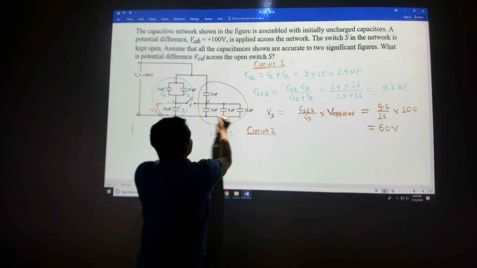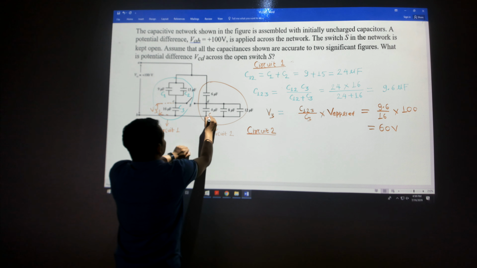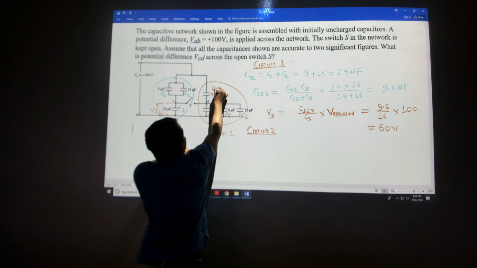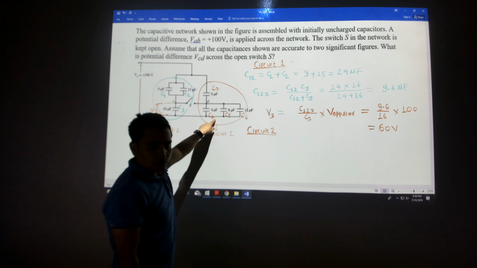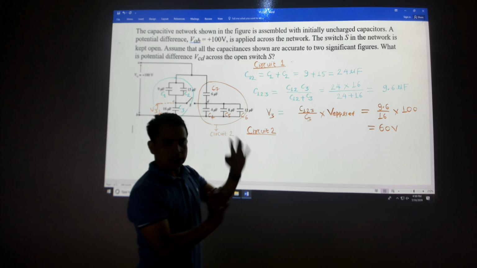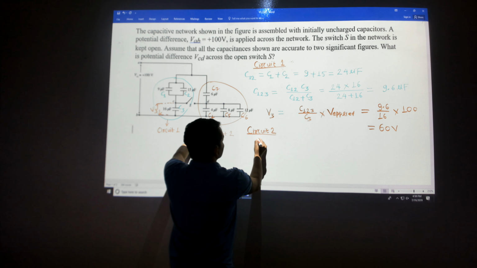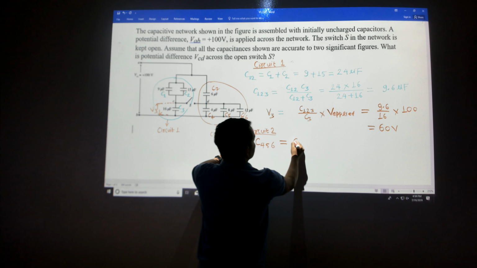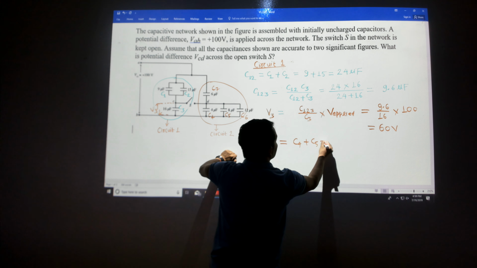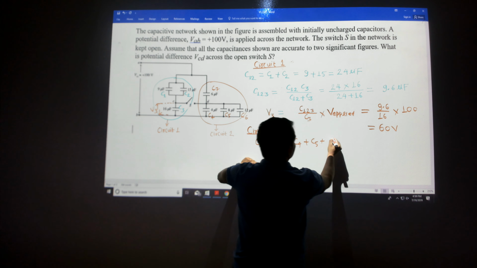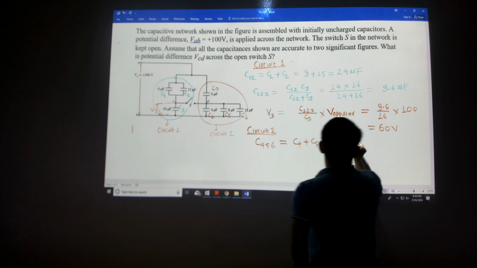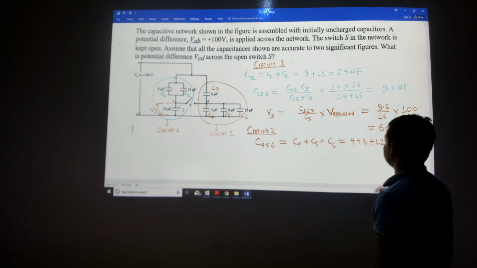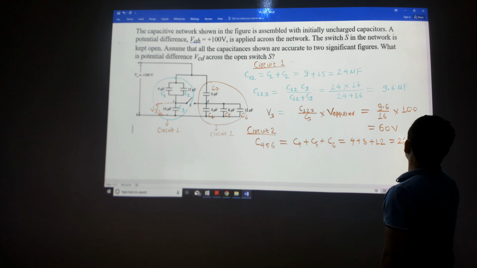Let me call these C4, C5, C6 and C7. C4 and C5 are in parallel and in series with C6. So C456 is C4 plus C5 plus C6, which is 4 plus 8 plus 12, which is 24 microfarad.